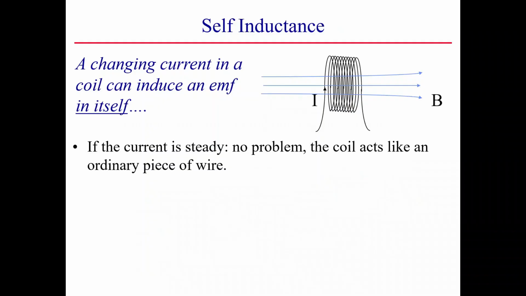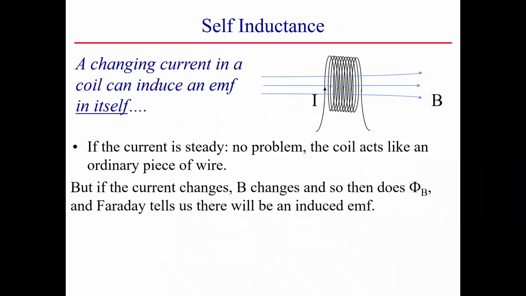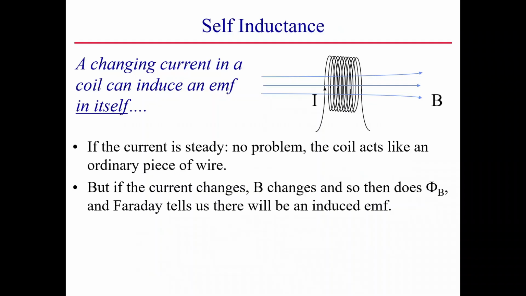But what happens if you actually change the current? If we change the current, then this thing on its own has its own area A, and the magnetic field that it itself is producing is then changing.